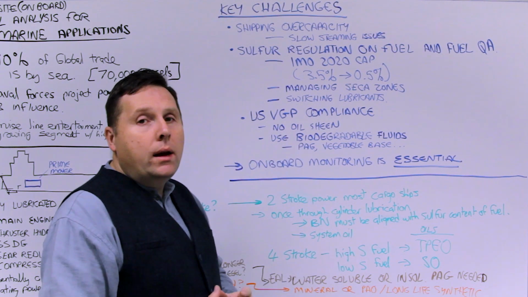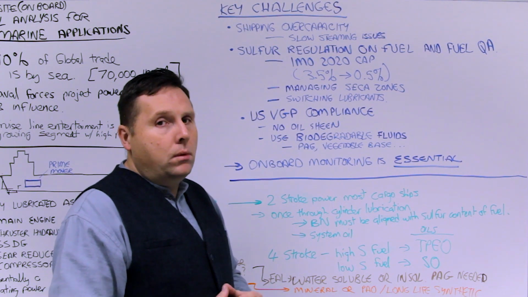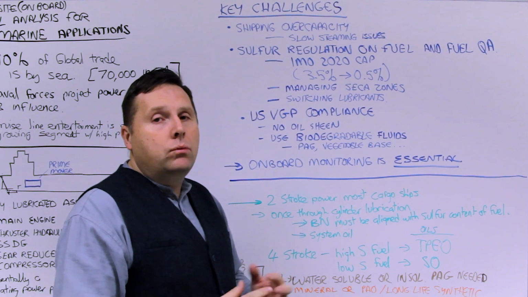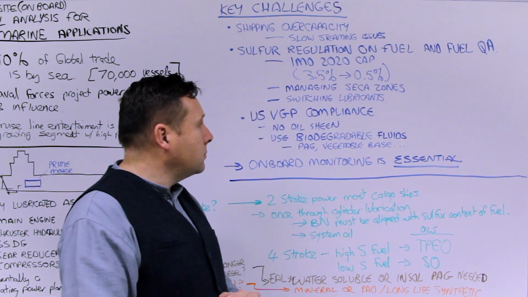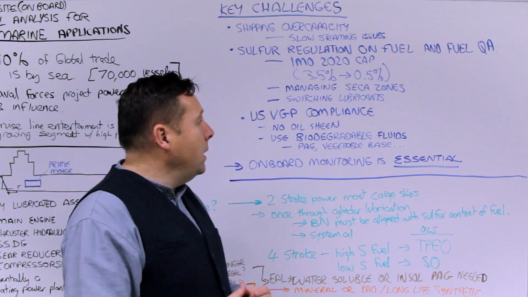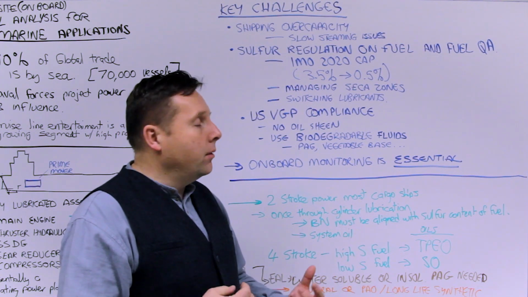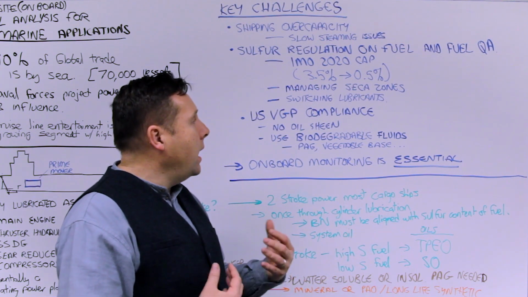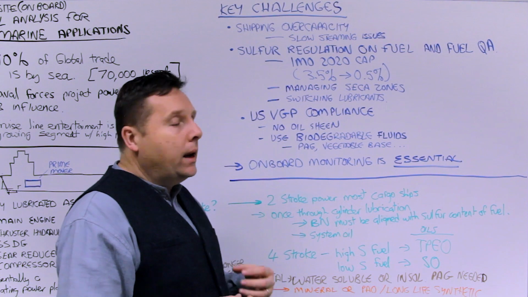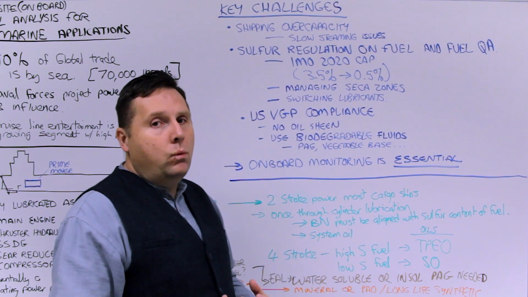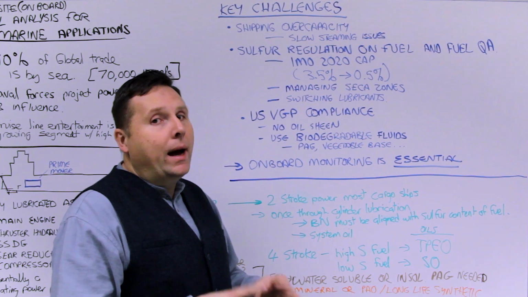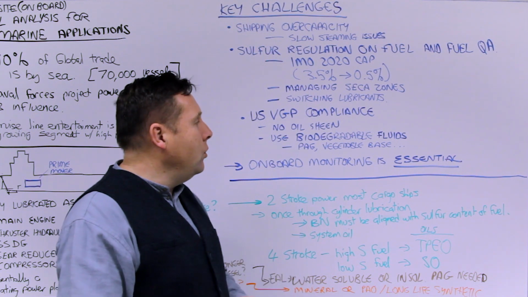Thirdly, there is the US VGP, or Vessel General Permit Compliance, that was issued in 2013. That essentially means that any vessel that is longer than 25 meters or 79 feet must have some compliance, whereby any oils that come in contact with water have to be biodegradable and leave no sheen.